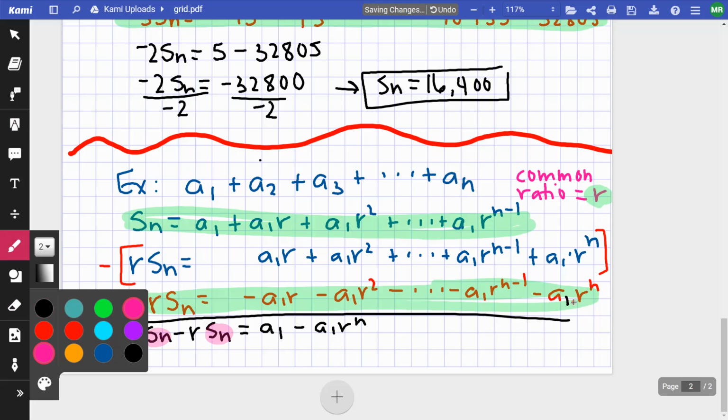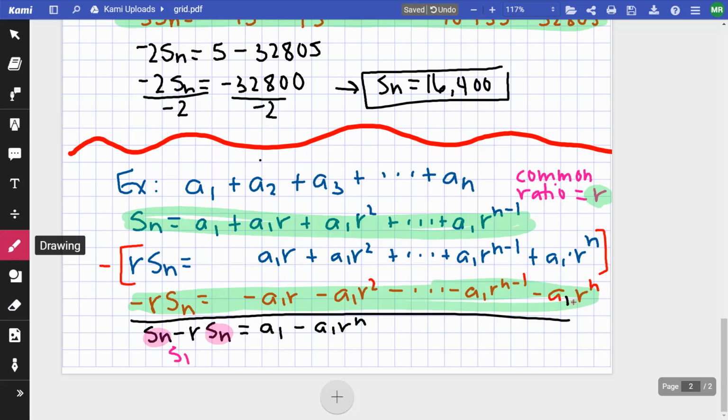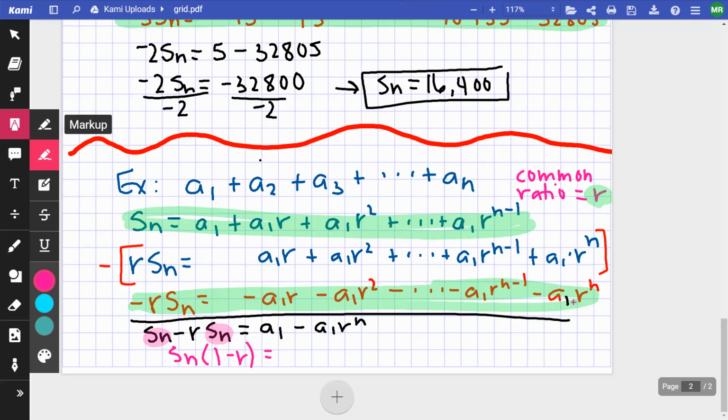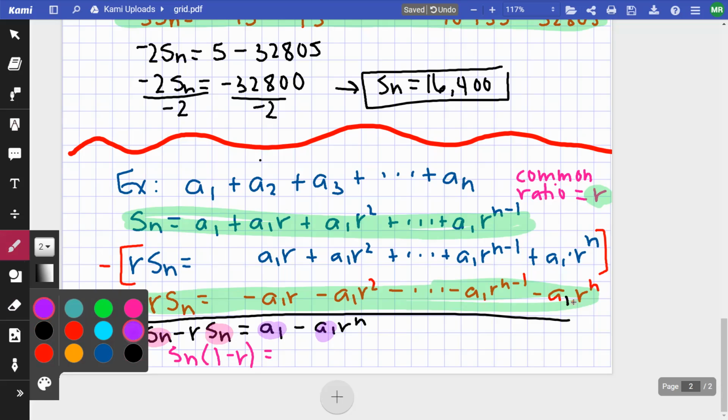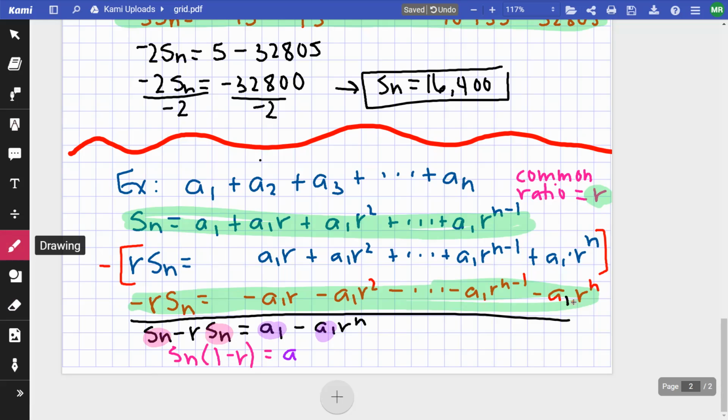So I can factor out S sub n, and I'd be left with a 1 minus r. Over on this side, I can factor out an a sub 1, so I have an a sub 1 in both of those. And when I do, I'm going to have an a sub 1 times 1 minus r to the n.